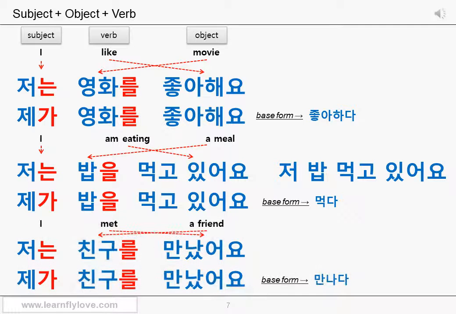Next, I met a friend. In Korean, it would rather be I, friend, met. It's in the past tense. Friend in Korean is 친구. So if you use the topic particle 은 or 는, 저는 친구를 만났어요. And if you use the subject particle 이 or 가, 제가 친구를 만났어요.